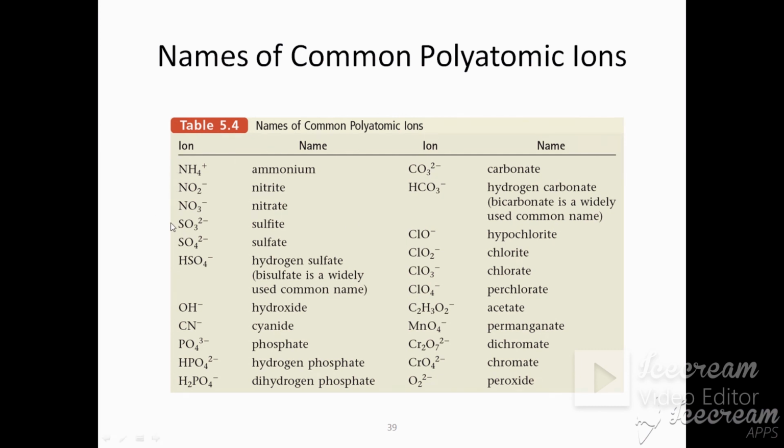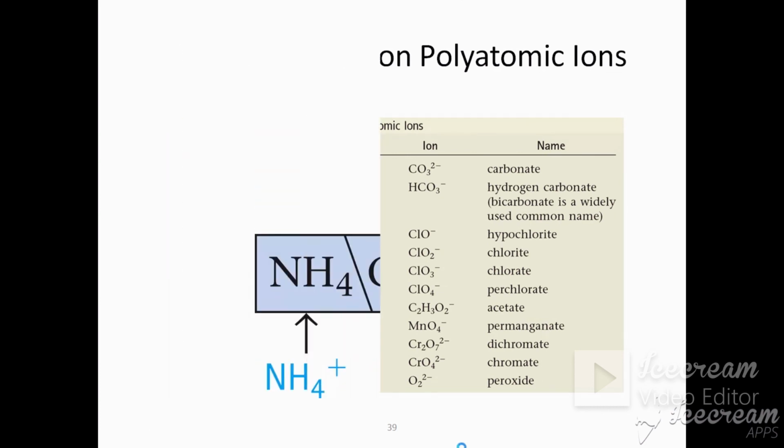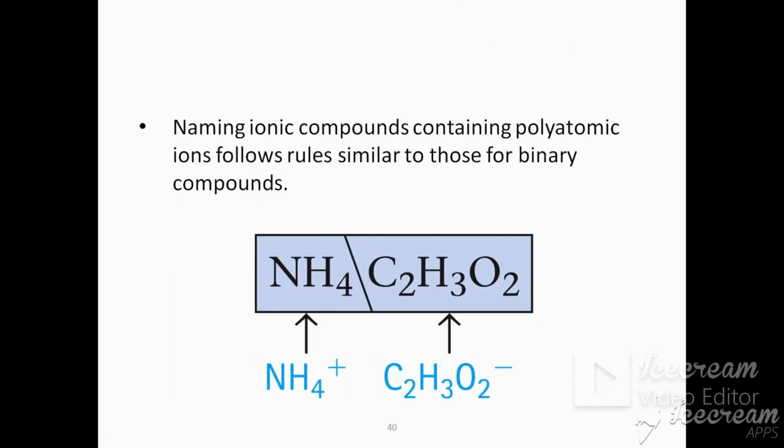Names of common polyatomic ions. These are examples: ion and its name. Naming ionic compounds containing polyatomic ions follows rules similar to those for binary compounds.